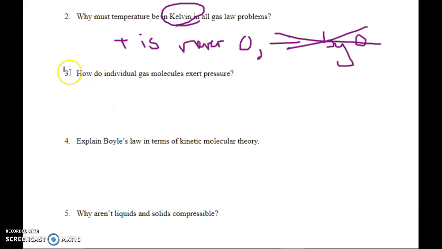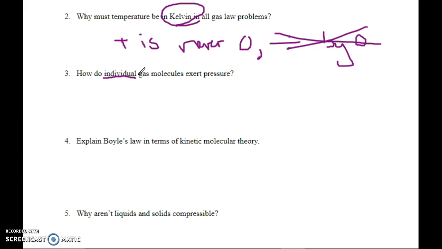For number 3, if you remember from kinetic molecular theory, gas molecules are constantly moving, as are all molecules. They collide with the walls of the container, and that is what gives the gas its pressure. If we try to explain the laws in terms of kinetic molecular theory, it makes sense.